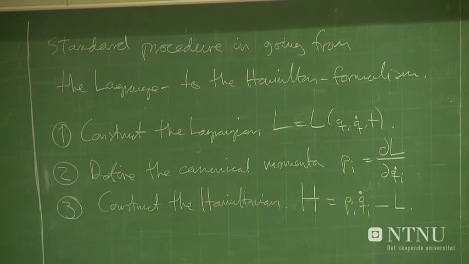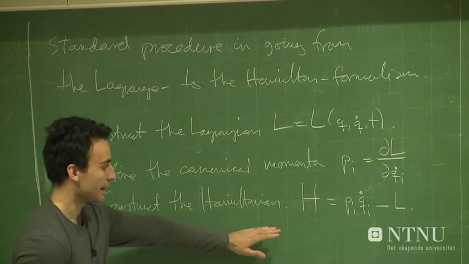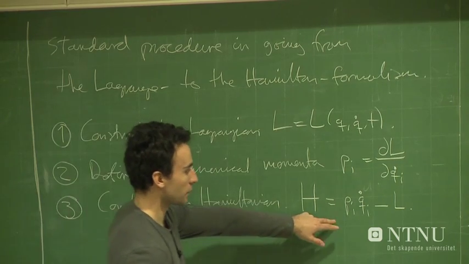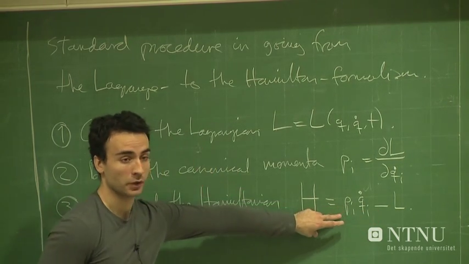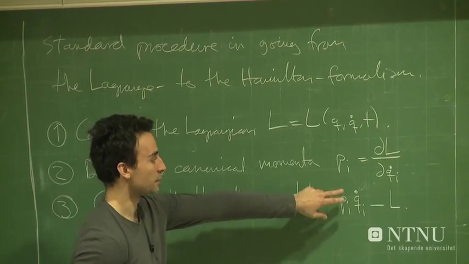We may now construct the Hamiltonian H, which is equal to p q dot minus L, since we now know p, having obtained it from L.